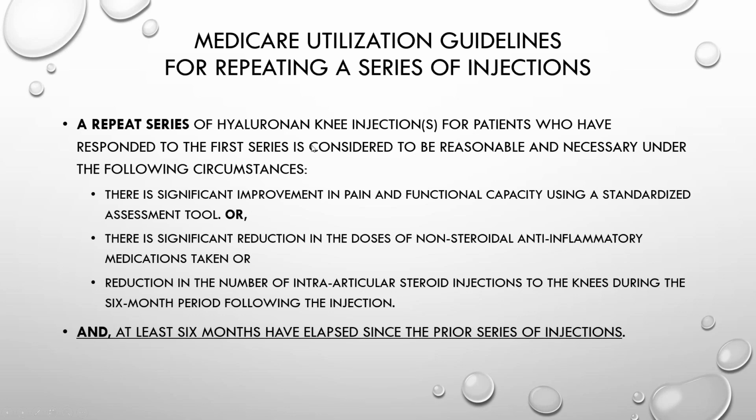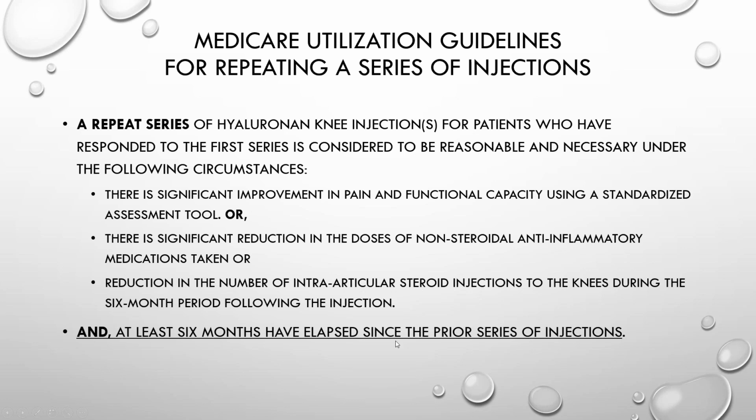Okay, so be aware of that. The guideline is that if you're going to do a repeat series, you can do that for the patient, but you have essentially what's called a global period of 6 months in which any other services that are done within that period are not going to be paid. So it has to be at least 6 months that's elapsed since the prior series of injections.